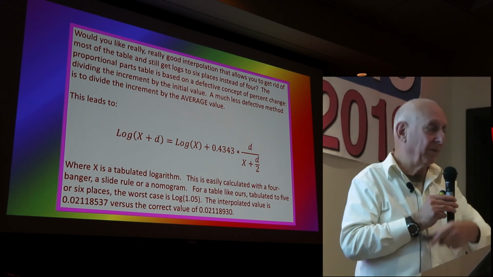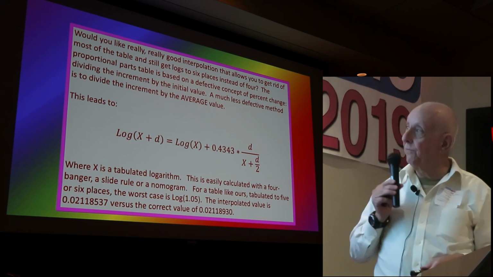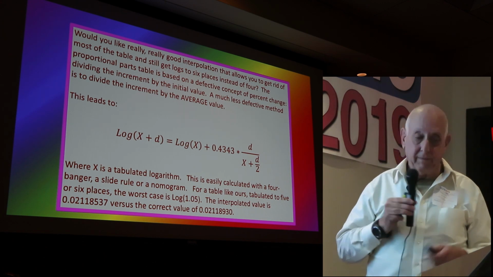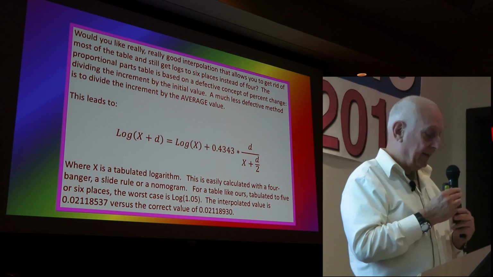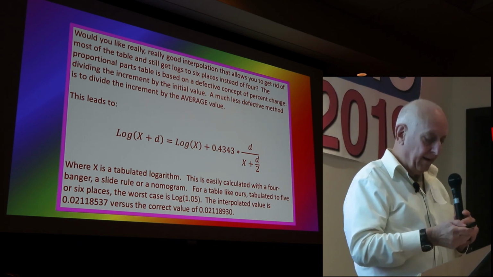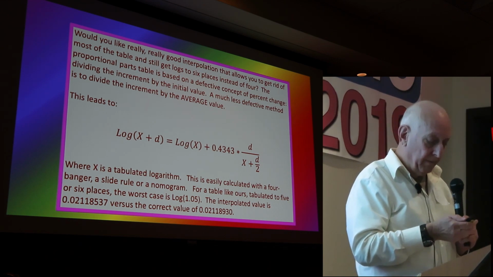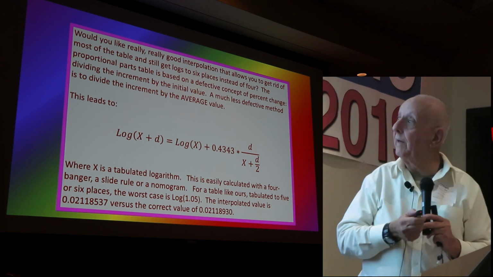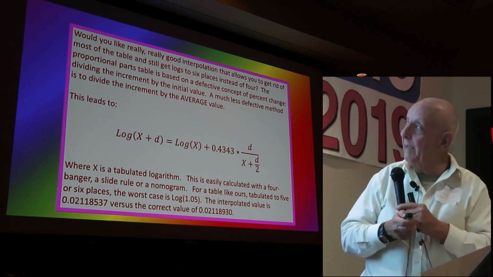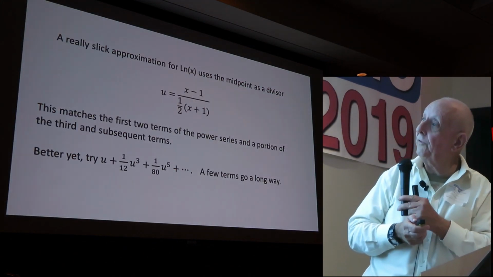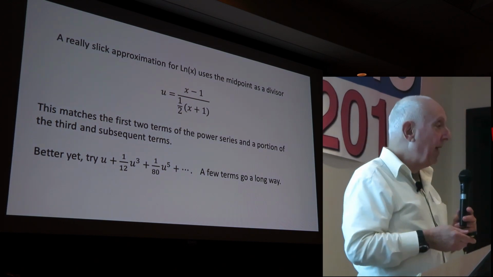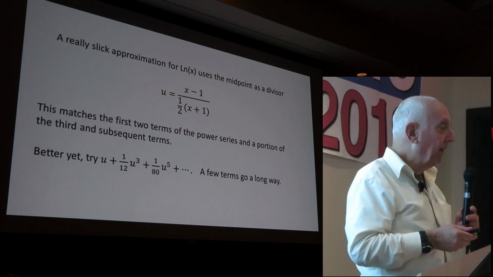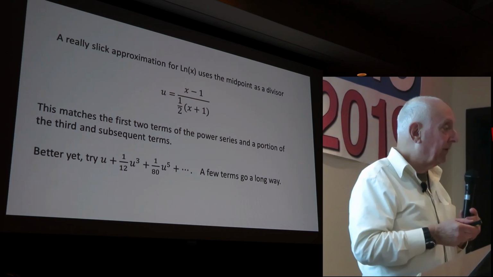It's accurate to four places, and one of the reasons for that is that it matches the first two, let's see, next one. You have a red pointer on that one too. Yeah, it matches the first two terms of the power series, and it matches most of the third and the remaining terms.